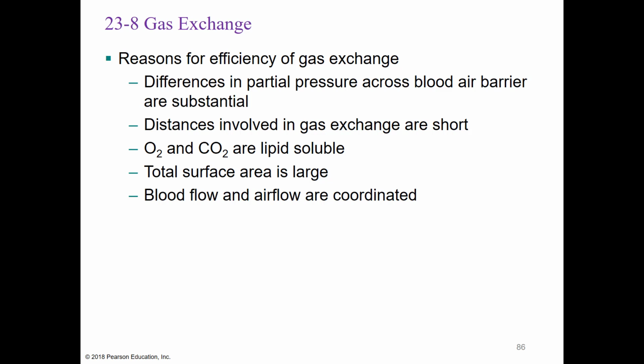The distance involved in gas exchange is short, and oxygen and CO2 are lipid soluble, which is important because we need to diffuse across the oily surfactant. Total surface area is large. We've got that as well. 150 million alveoli per lung ought to cover it. Blood flow and airflow are coordinated. So remember, blood and airflow connect or meet up in the lungs.